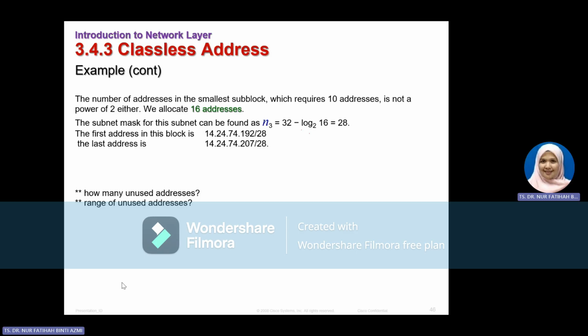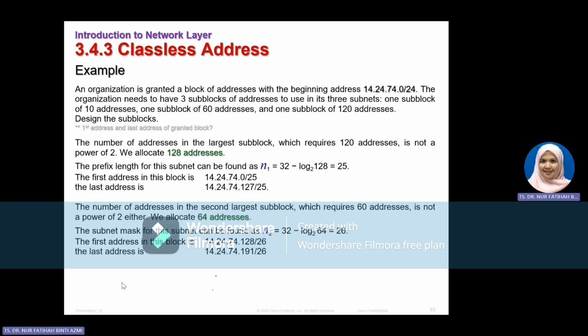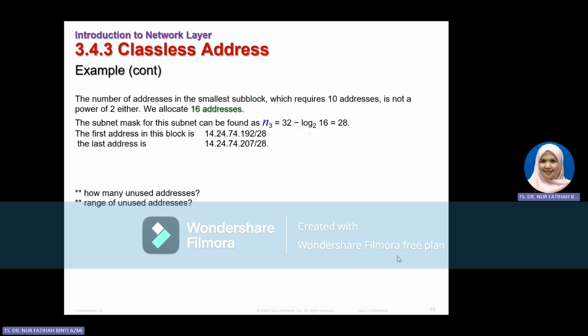You can look back. The original block is 14.24.7.0/25. Okay, and then the last subnetwork is 14.24.7.204.